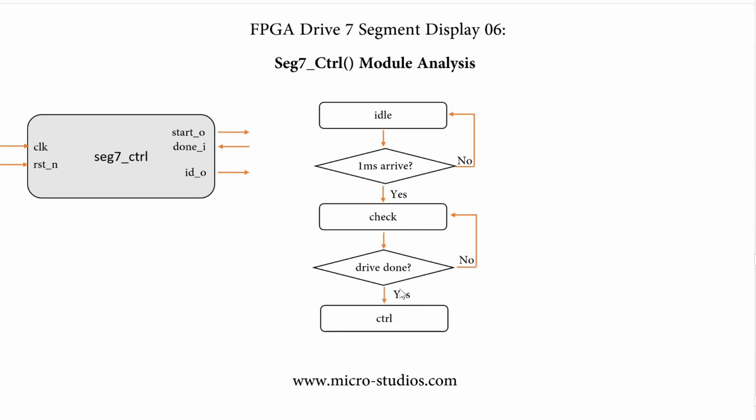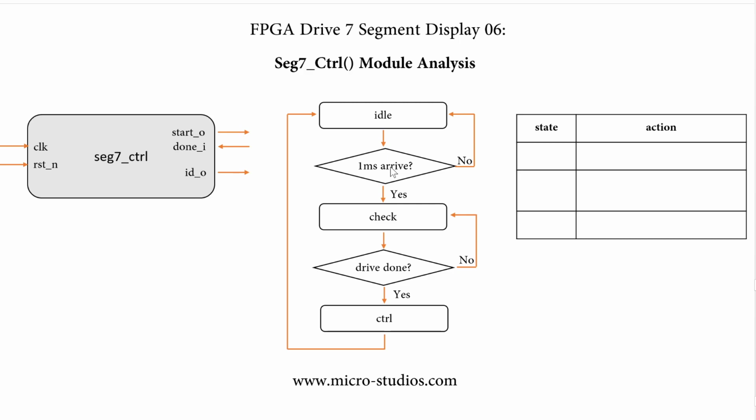If done, we go into the control state. The control state will switch the ID and enable the start signal, enabling the driver to output all the data. After the control state, we go back to idle, to wait for another 1 millisecond to arrive or not.